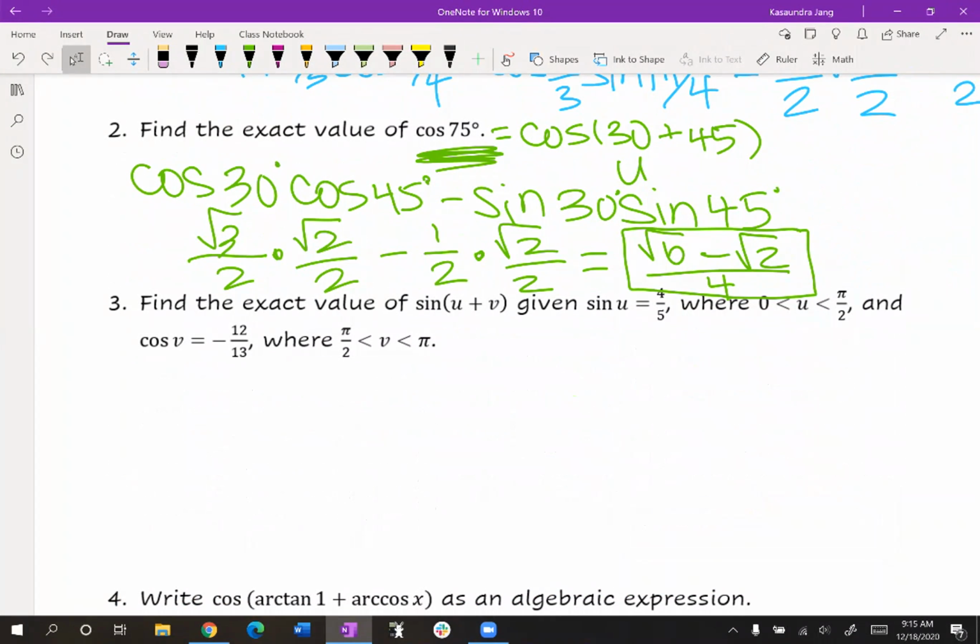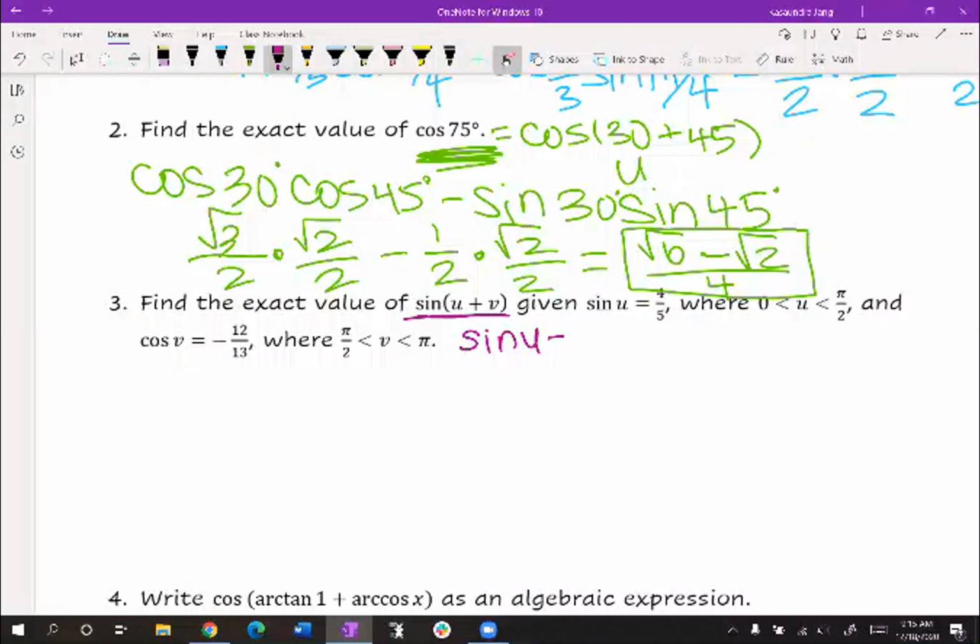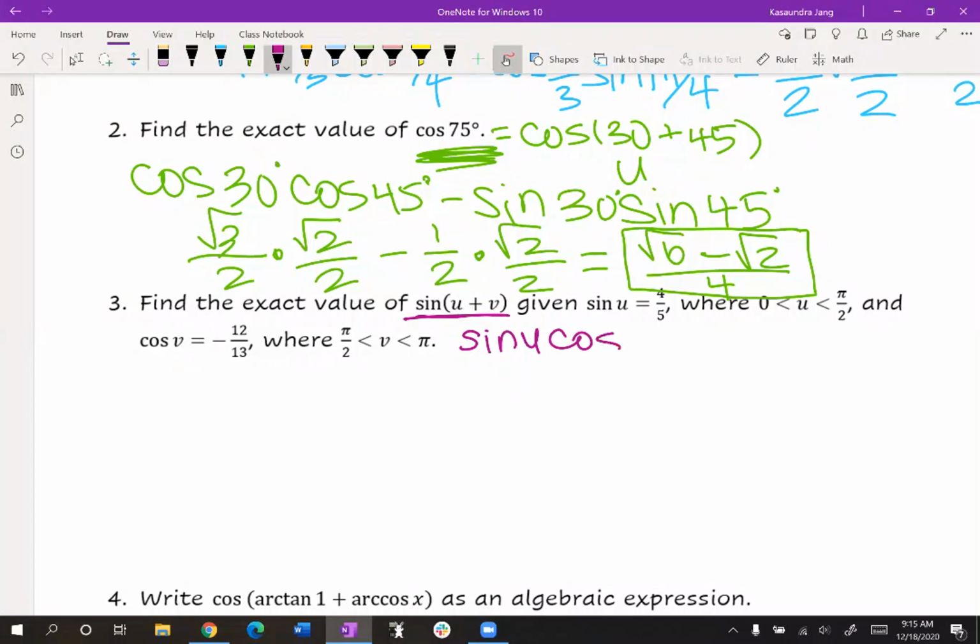All right, so first things first, they're telling me I've got to do sine of u plus v, and my formula for that was sine of u, not plus, sorry, sine of u times the cosine of v plus my cosine of u sine of v.